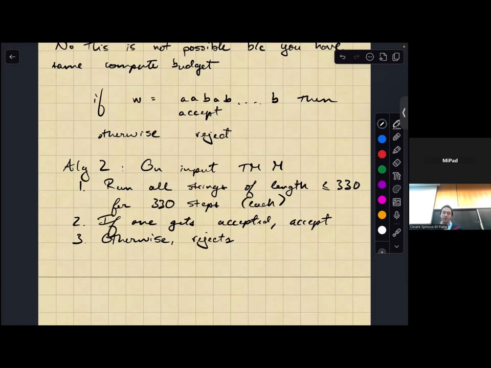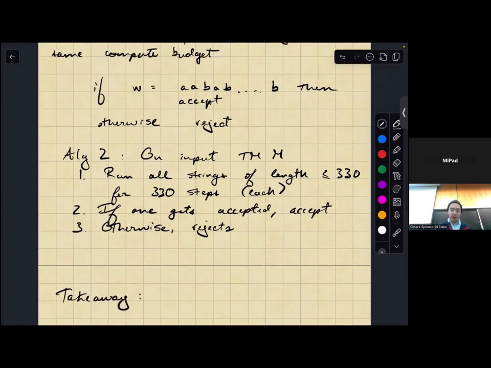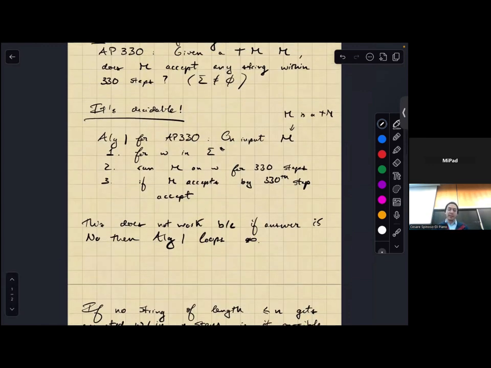So the takeaway. You might be asking, why are we doing this? The takeaway is, if you have some kind of condition where you know that if no strings get accepted under a certain condition, then no other string after that is going to get accepted either, then that condition can be useful when you're trying to answer decision problems that have an "at least one" in them.